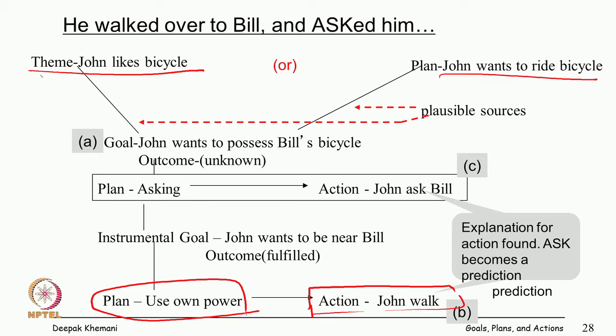Walking is a way of achieving a goal that he wanted to be near Bill, and that goal was part of a plan of asking Bill for the bicycle. So, he walked over to Bill and then he asked Bill for the bicycle.